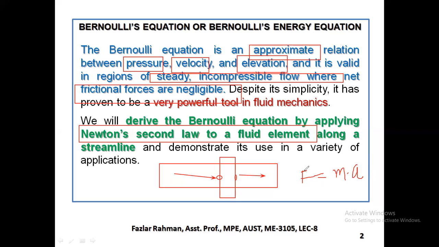So F is force, but we are talking about the pressure. From the pressure, we can figure out the force because pressure P equals F by A. So F equals P into A, so we'll get the force. And acceleration actually equals V del V by del S, right?